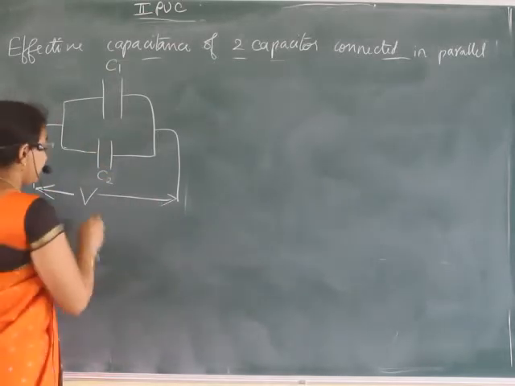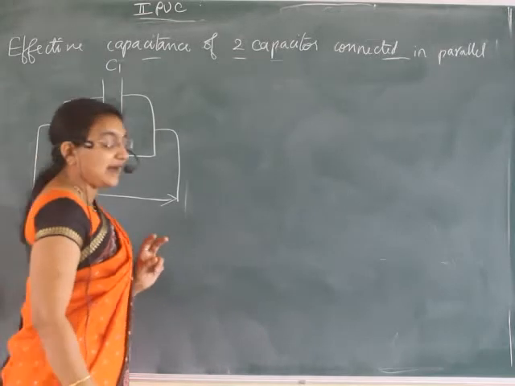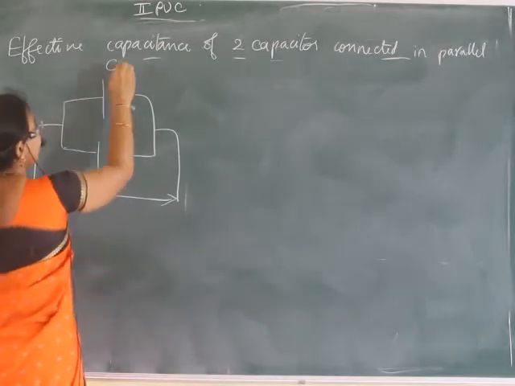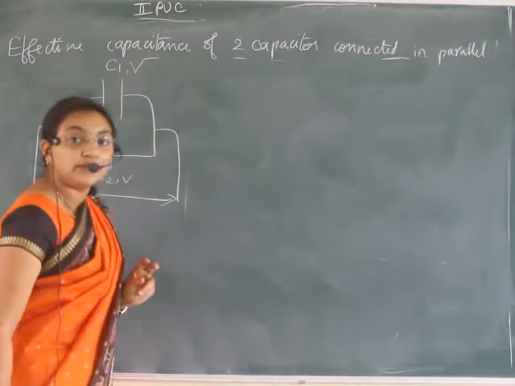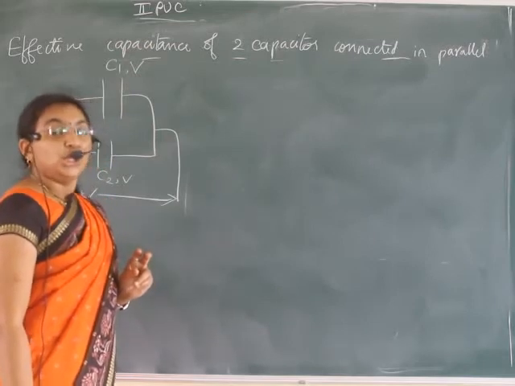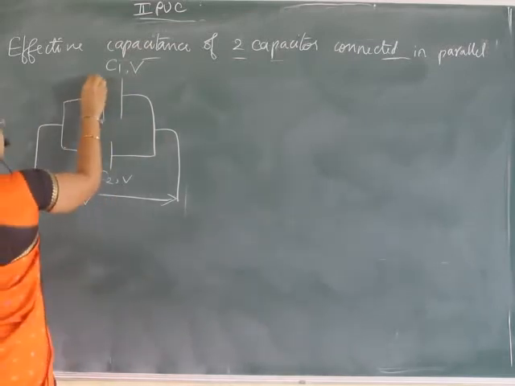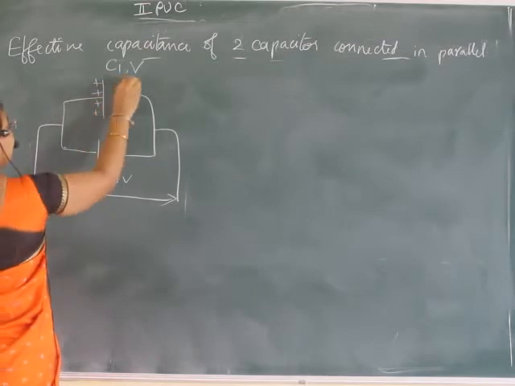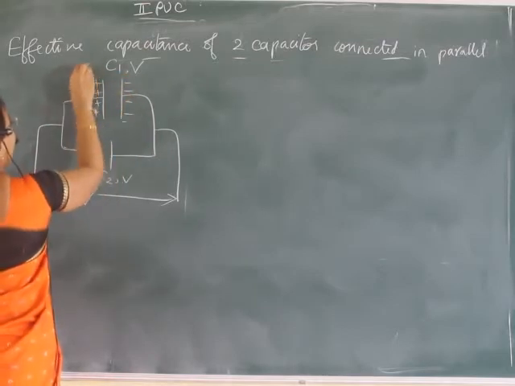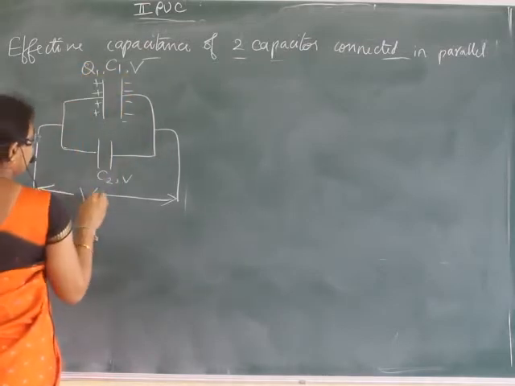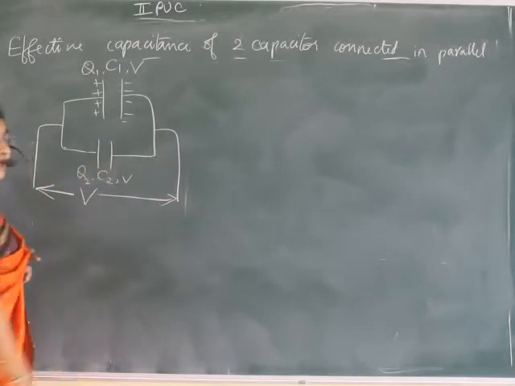Let V be the potential difference across the capacitors. So here also V, here also the potential difference is V. Let Q1 be the charge stored in capacitor C1 and Q2 be the charge stored in capacitor C2.